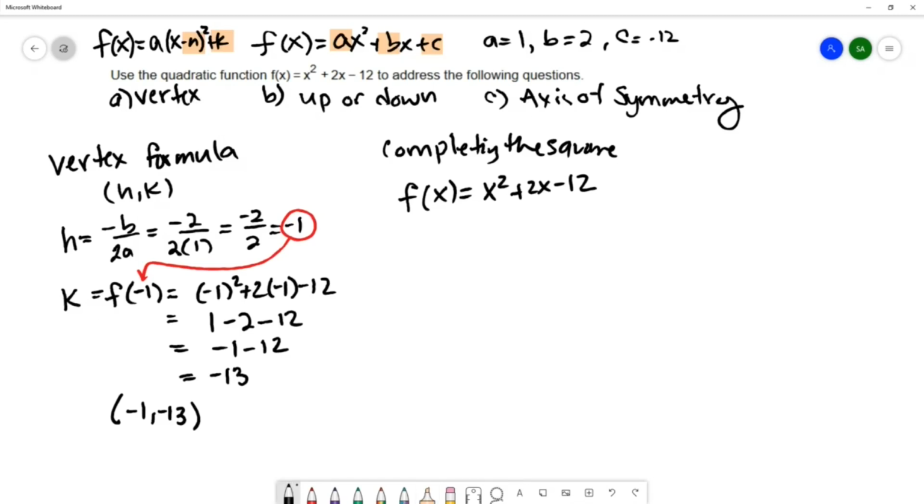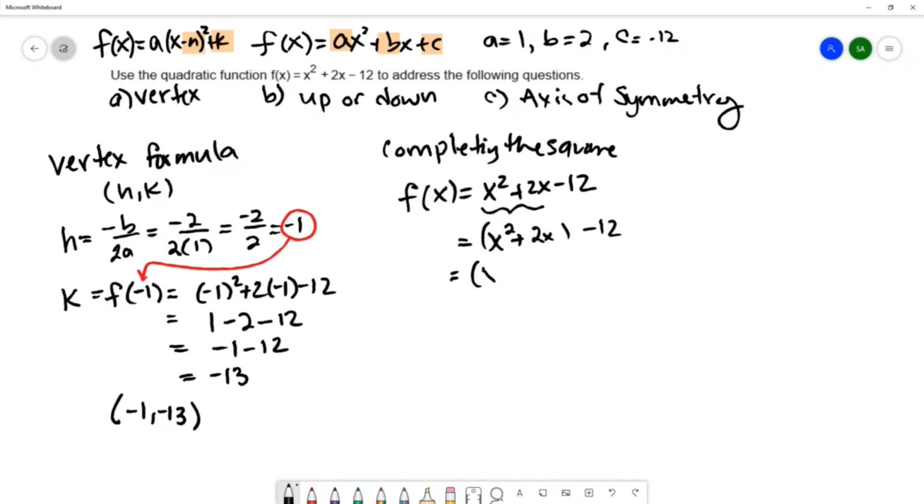So with this completing the square process, you first want to group these x terms together and factor out the coefficient on the x squared term. In this example, because x squared doesn't have a coefficient, we don't have to factor anything out. So we're just grouping it together.